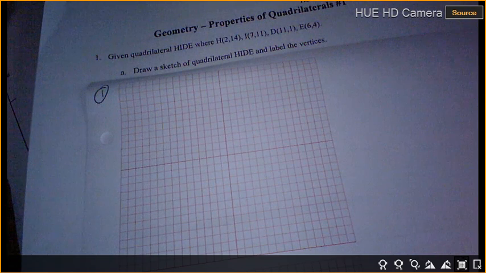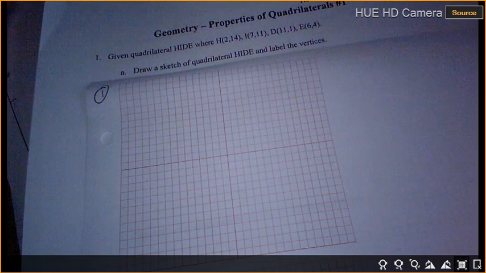Make sure you label this one. I don't have any more. I have really big graph paper.